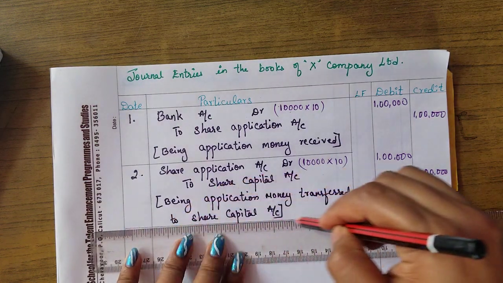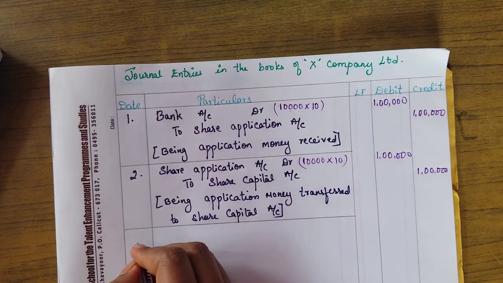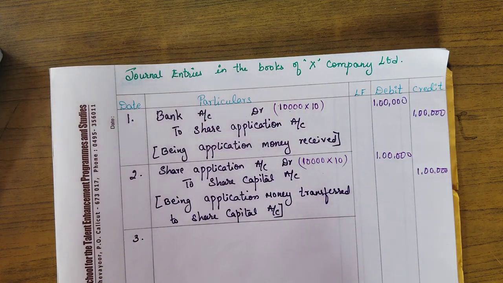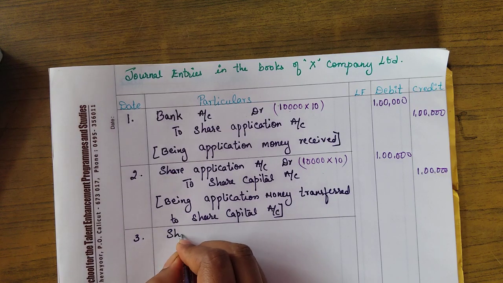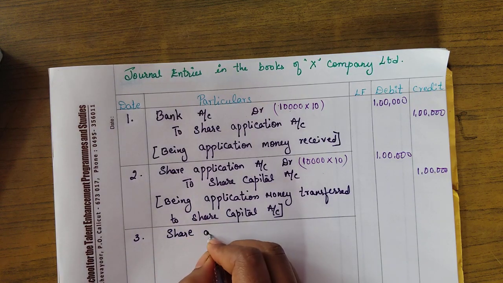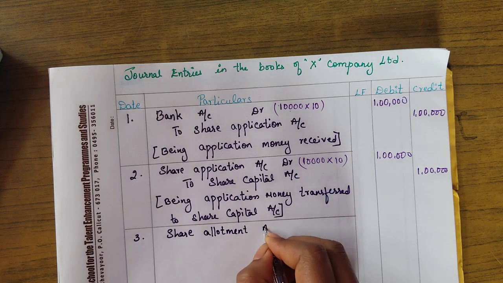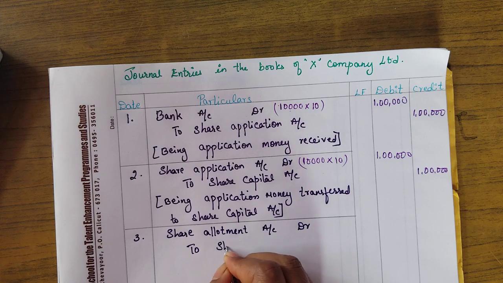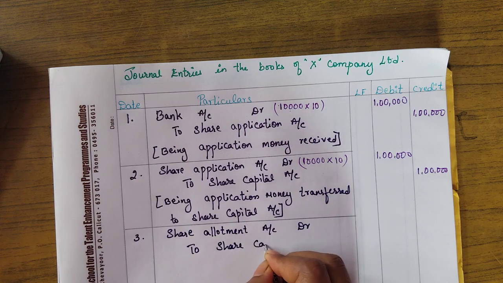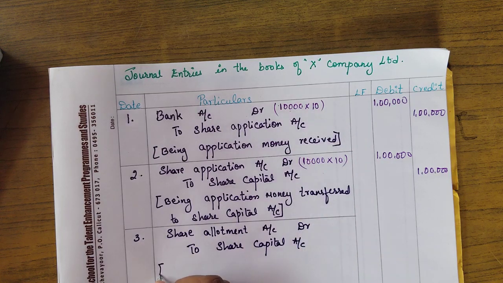Next, going to the allotment stage. There is no adjustment in the allotment stage. First we have to show allotment money due. For allotment money due, share allotment account debtor to share capital account.